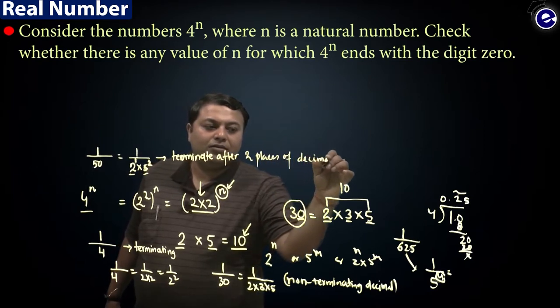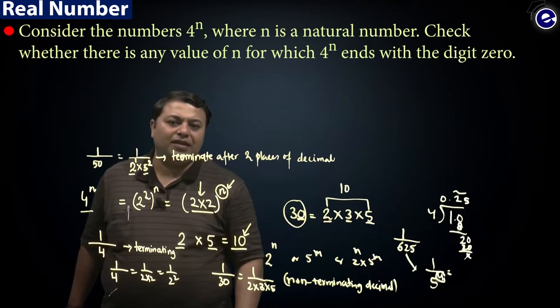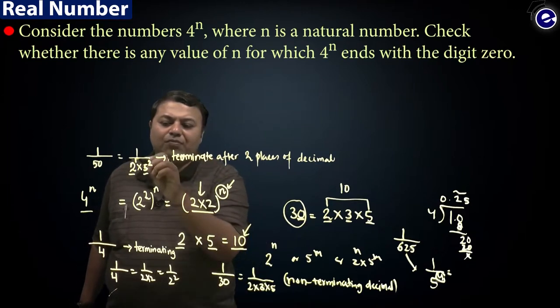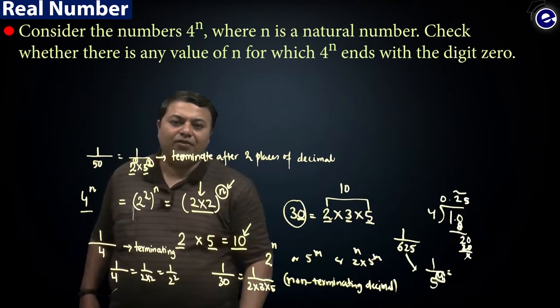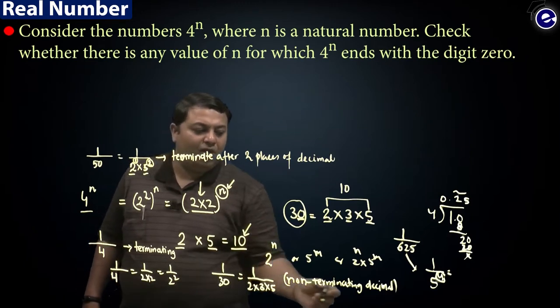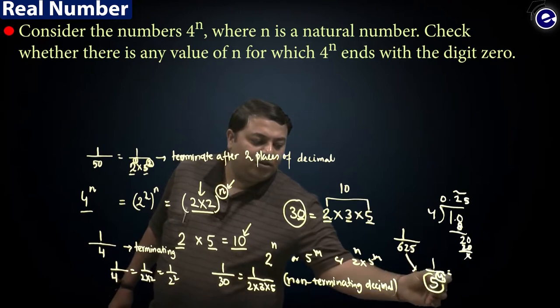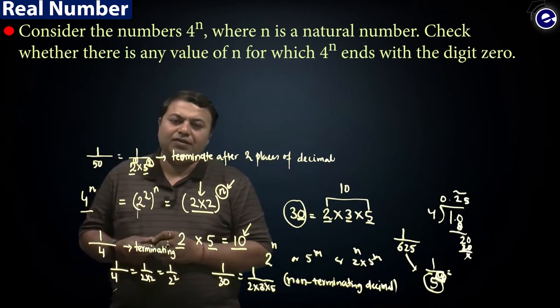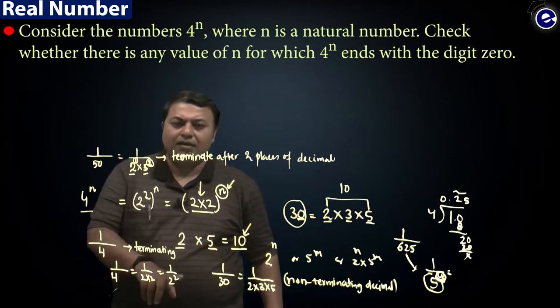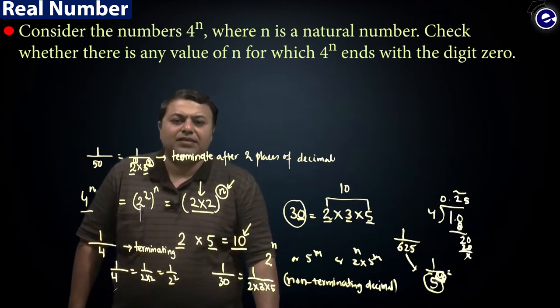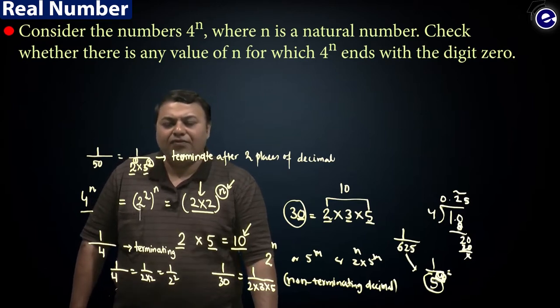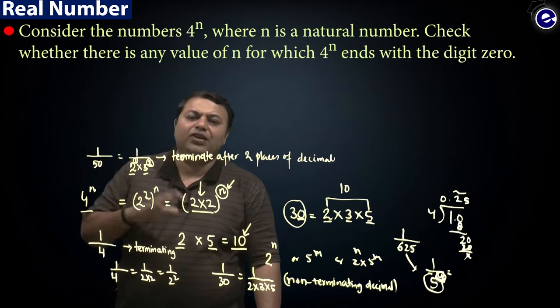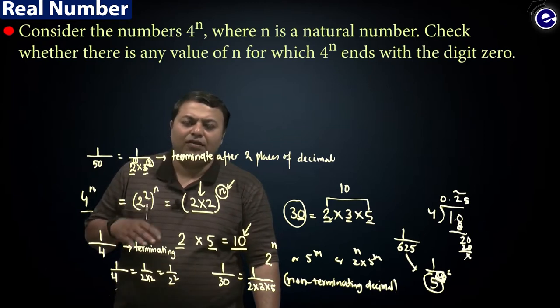Okay, so have you understood one thing? You have to check the powers of 2 and 5. If 5 is all alone, whatever is the power of 5, whichever is alone, that power will be the number of places after which the number will terminate. If there is a combination of 2 and 5s only, will it terminate?